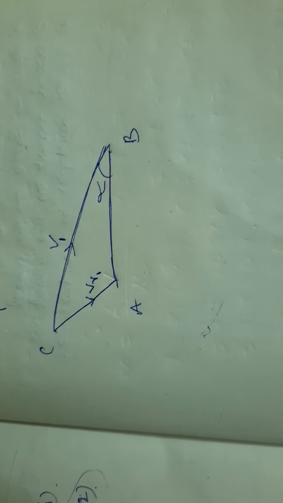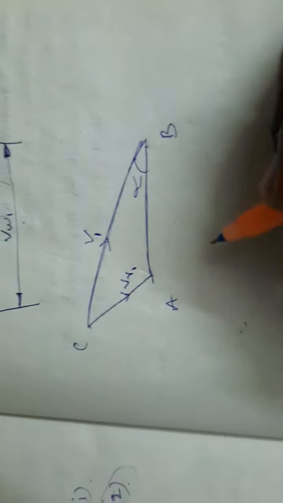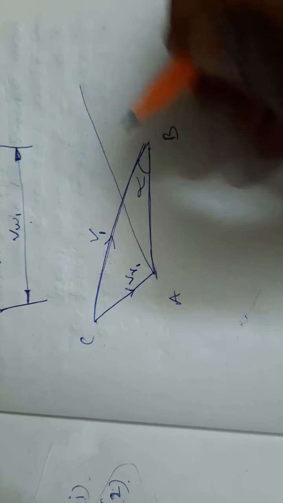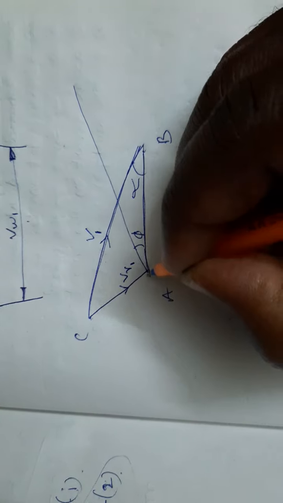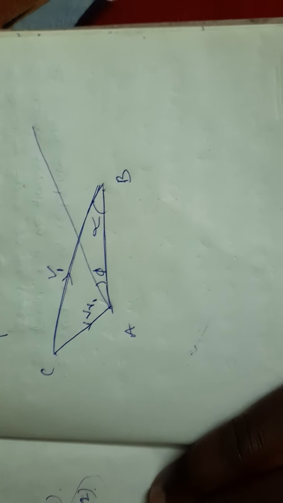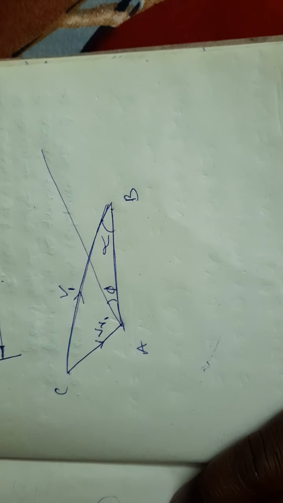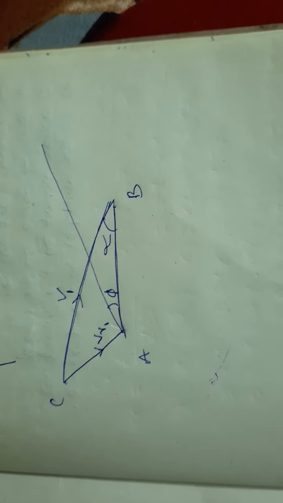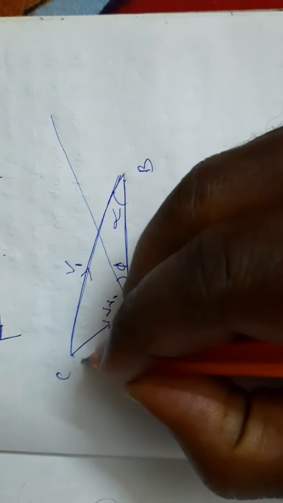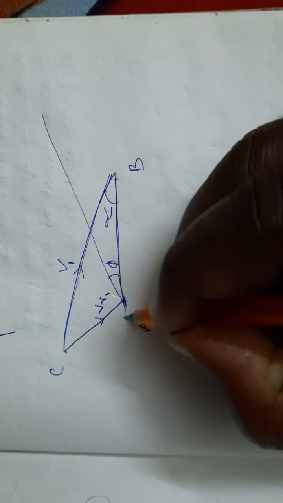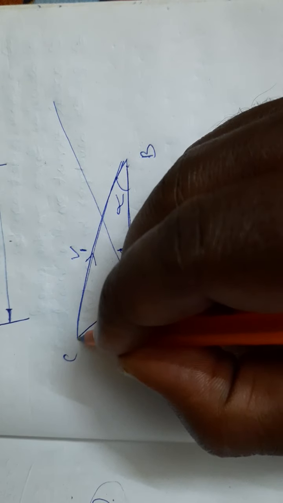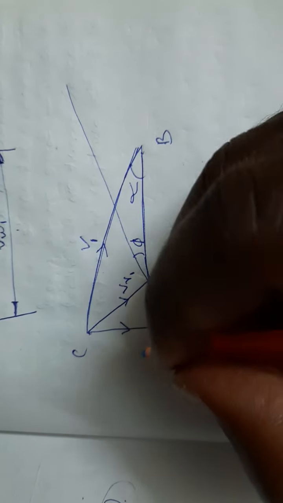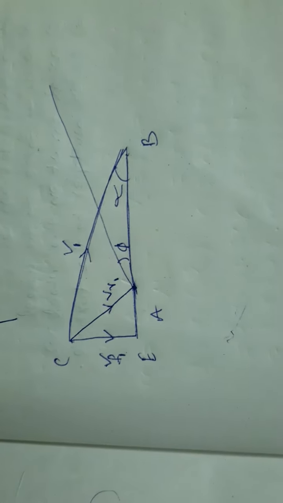Now extend the AB line and draw a perpendicular line from C. Now CE represents the flow velocity.